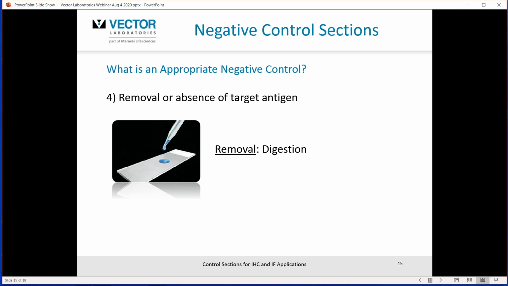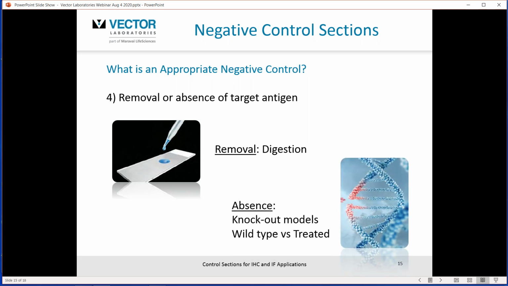I understand that may not be an option for a lot of investigators. You can't really digest out a cytokine or something like that. In those cases, though, there may be other options such as knockout models or indeed treated versus untreated wild type, etc., where the antigen is present in some, whether it's treated or untreated, and not present in the other.